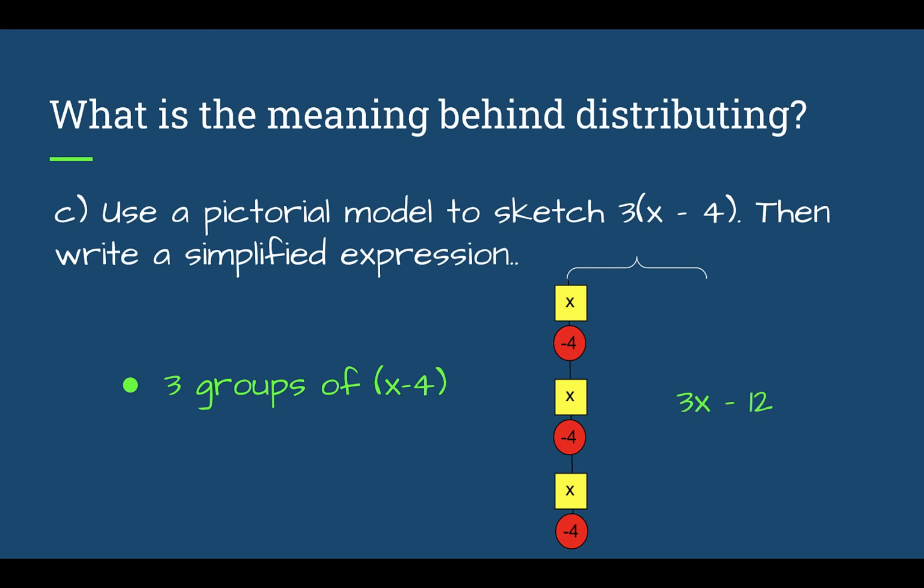There are 3 x's and then the negative 4's would make negative 12. That would be our simplified expression. We're not going to put anything on the opposite side of the hanger diagram quite yet because it's not an equation and we can't solve.